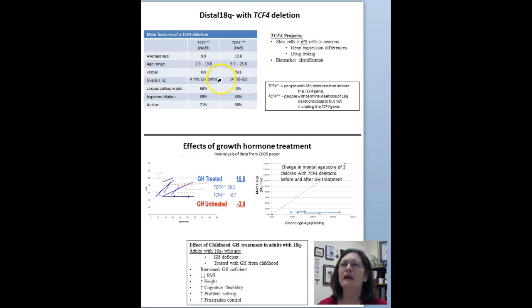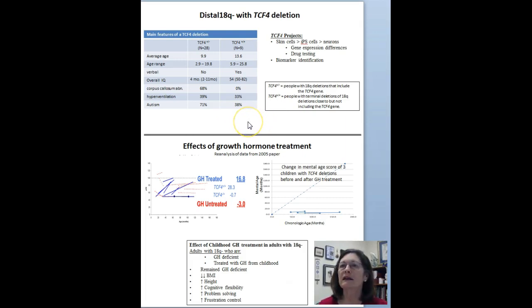And the IQs were not really in the measurable range for people with deletions that include TCF4, but their developmental age was on average that of a 4-month-old, with a range of 2 to 11. And these were the people enrolled in the study at the time, and so we have additional people enrolled now, so the data is going to change slightly, but not significantly.